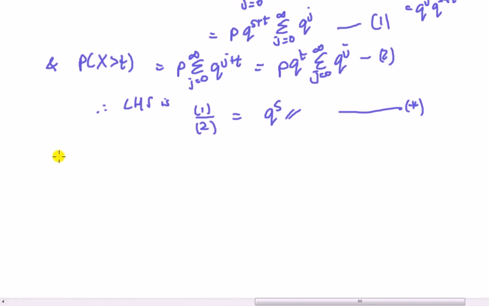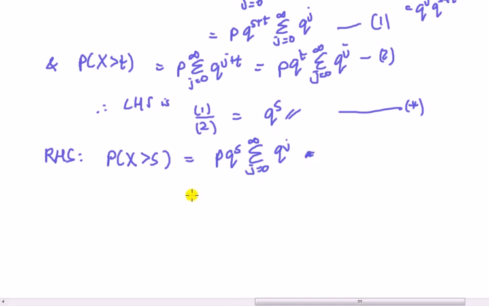I told you there's a little more work with the PMF, probability mass function. But we've done all the hard work because now the right hand side is in a similar fashion. On the right hand side we want the probability x is bigger than s. And just looking at the pattern, it's the same thing, so it's just p q to the s, sum from j equal to 0 to infinity of q to the j, which I want to come to q to the s, so now I make the substitution.